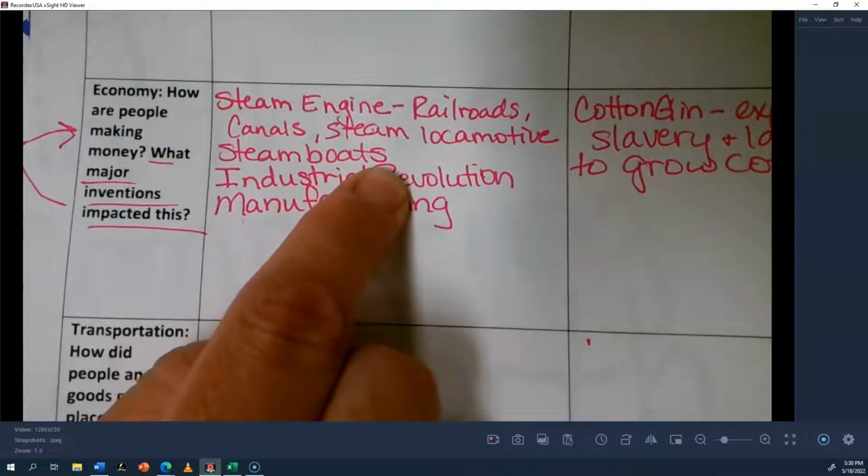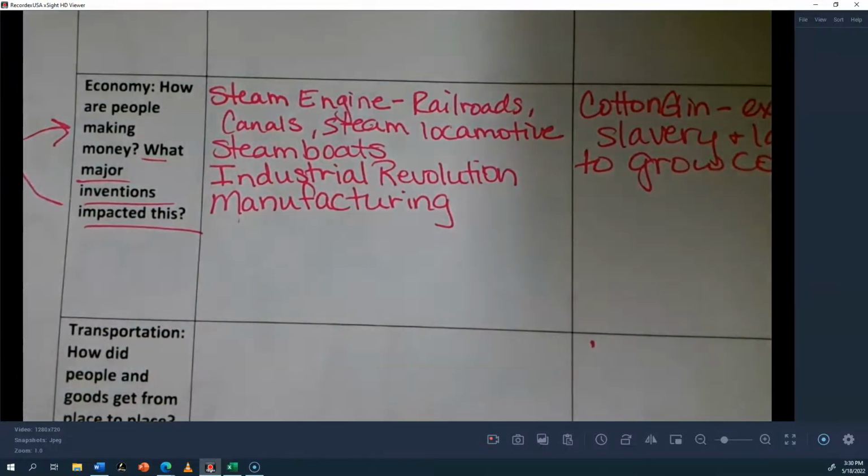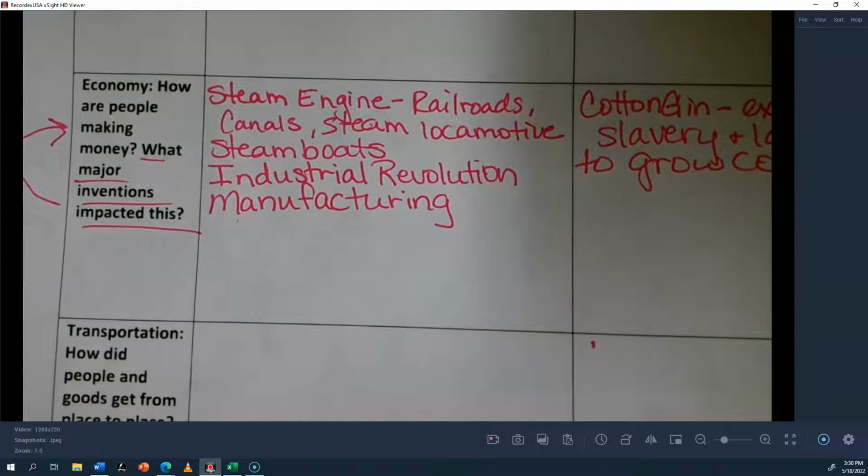The North built way more railroads. The South built railroads that went to the rivers and that went to the coast. Why would the South do that? Why wouldn't they build a road that goes from one small town to another small town? Why would they only build roads that go from like plantation to the river?